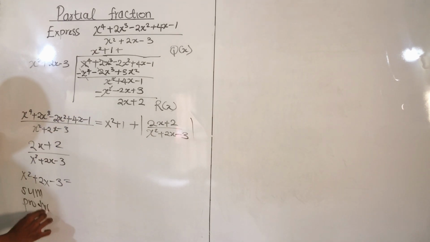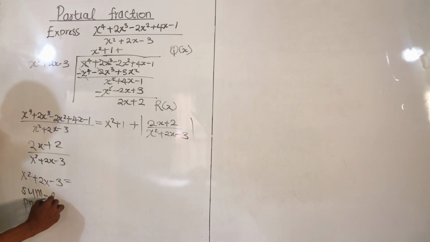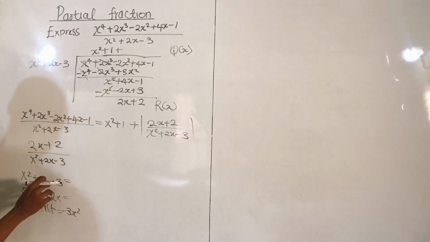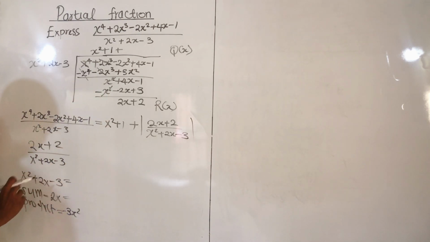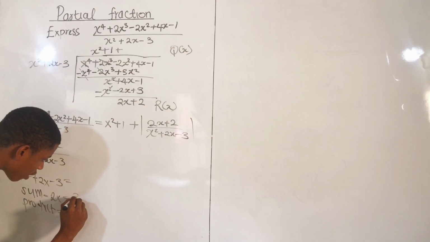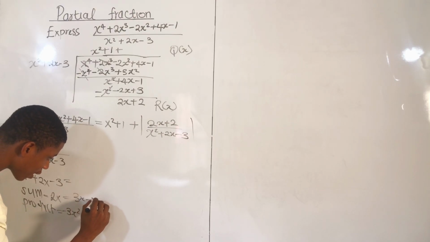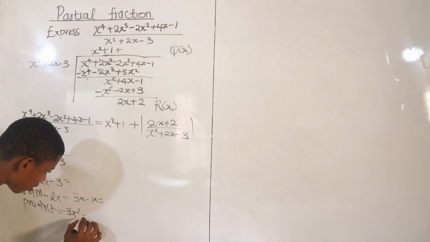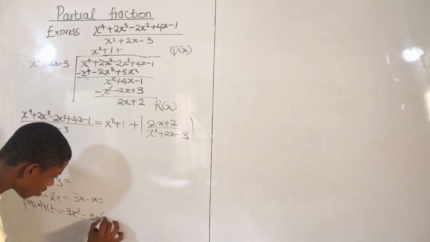Let's work on sum and product. The sum is 2x, and the product is negative 3x squared. Which two numbers, when you add them, you have 2x, and when you multiply them, you have negative 3x squared? 3x and negative x will result to 2x, and when you multiply these you have 3x into negative x.